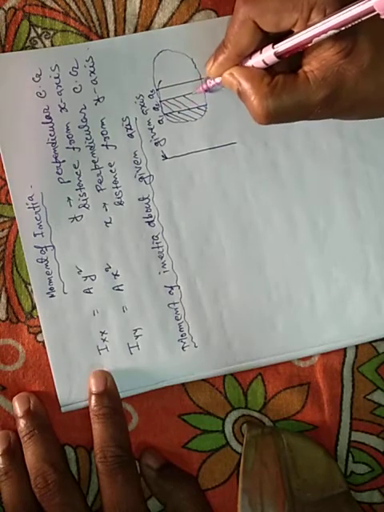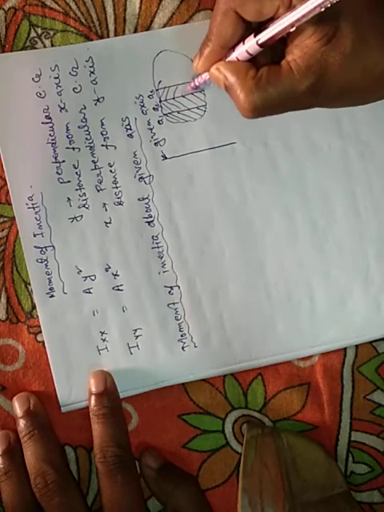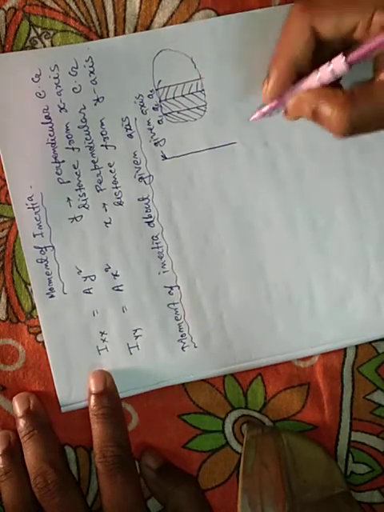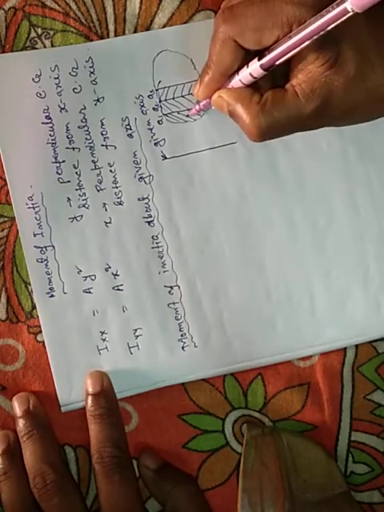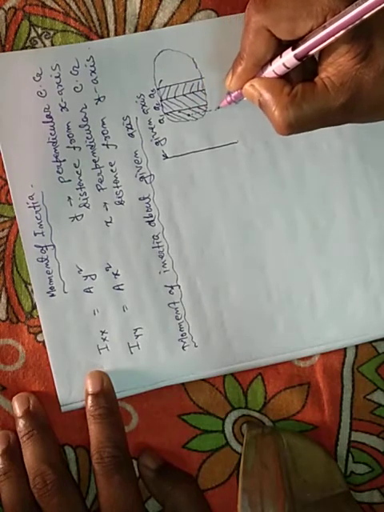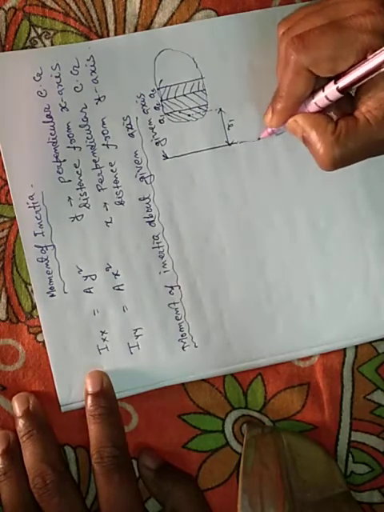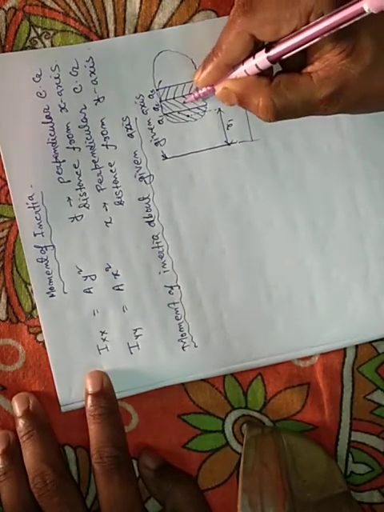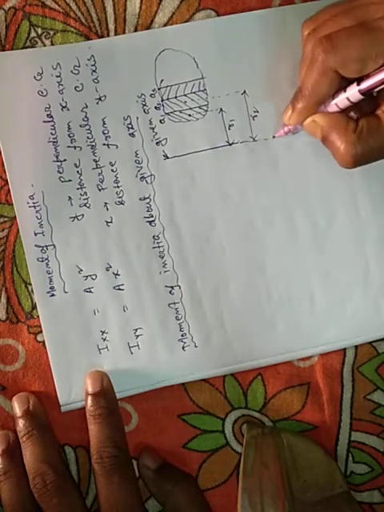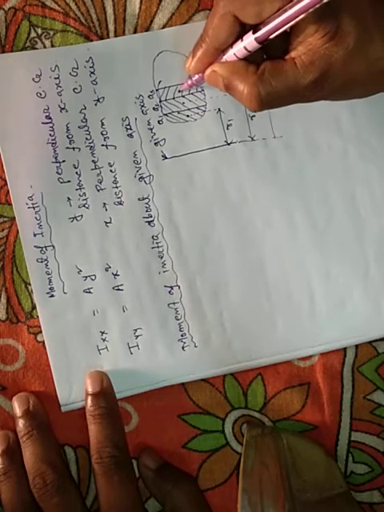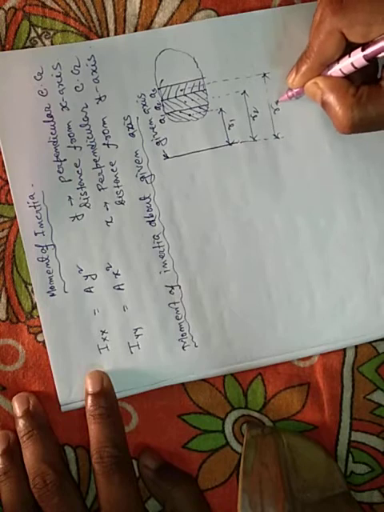Area of the small portion. This is the given axis, and the perpendicular distance of the first portion, say R1, and the second portion's perpendicular CG distance is R2, and the third portion's perpendicular distance is R3, and so on.